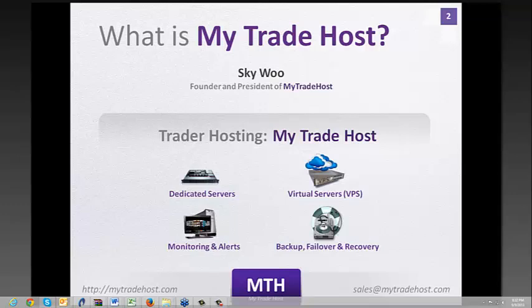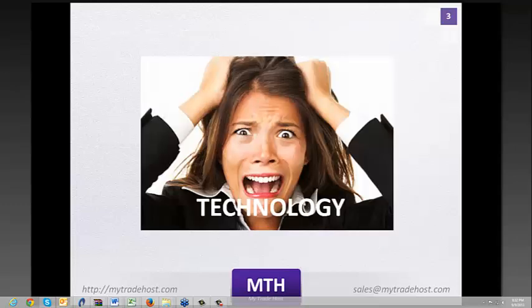Because, though important, remotely hosting your trading is not easy, because you're mixing two very difficult things to manage in life. The first is technology. The pull your hair out type of technology, server technology, that most traders don't know much about. And we're mixing that with trading.